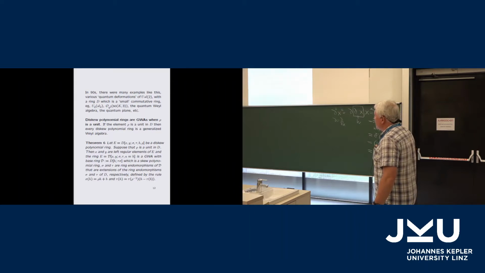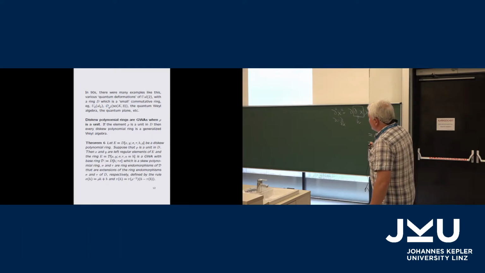So you have to add a new variable h. The defining endomorphism is the product of these two, which is determined on this ring. Now what do you have to do?